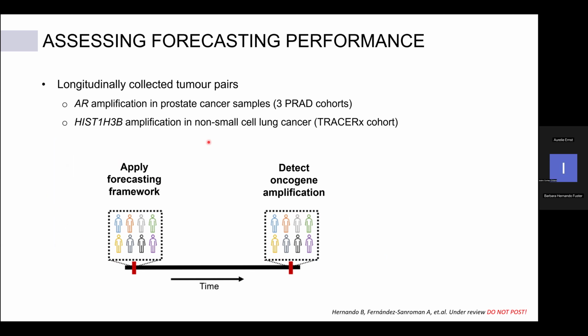And for that, we use two different scenarios. One, we anticipated the amplification of ESR1 in prostate cancer samples, and for that we combined three different prostate cancer cohorts. We also forecast the amplification of FGFR1 in non-small cell lung cancer, because that's a gene that is normally amplified in metastasis, and for that we used the TRACERx cohort.